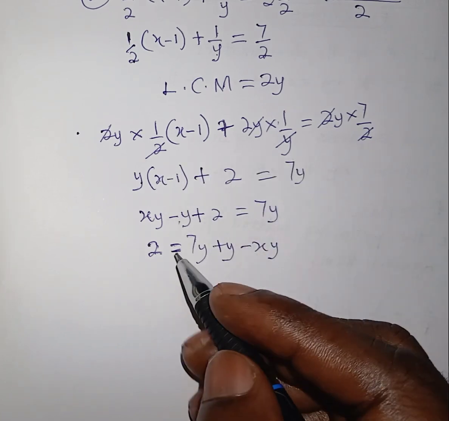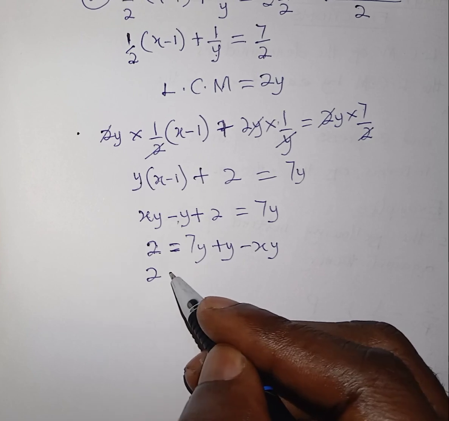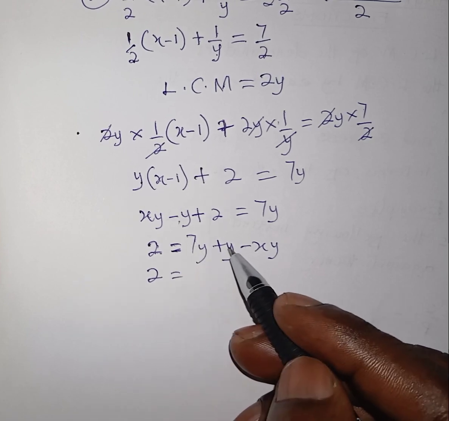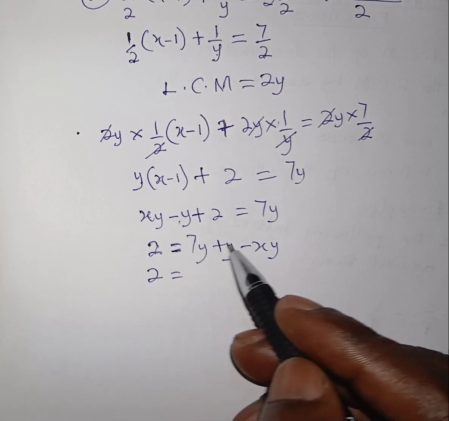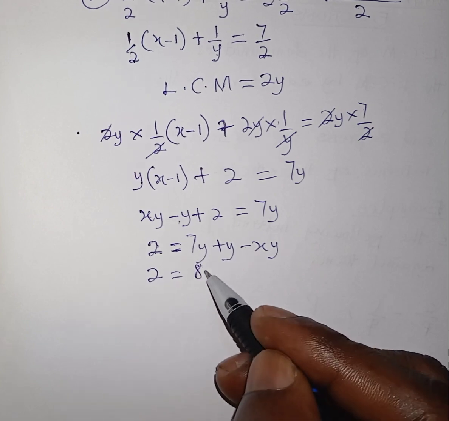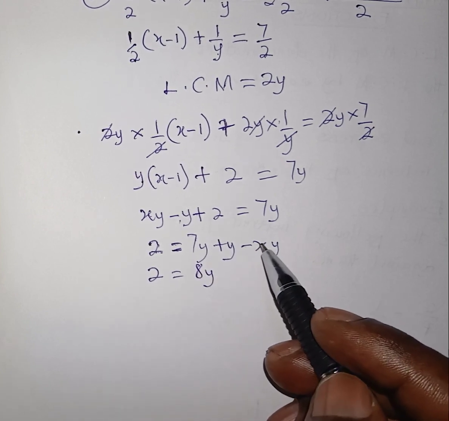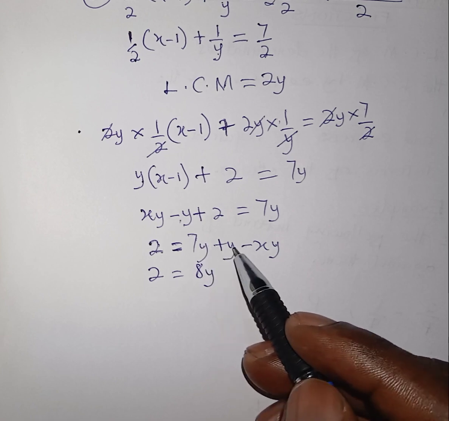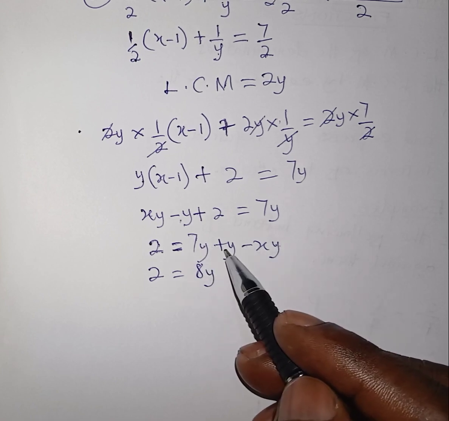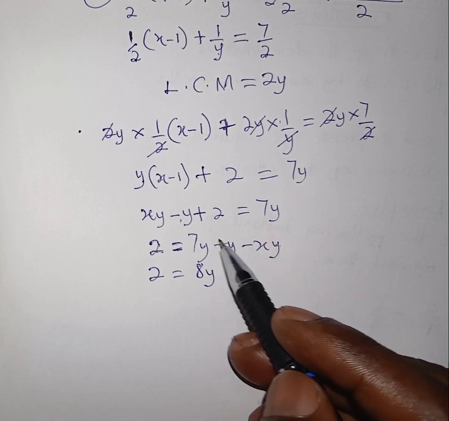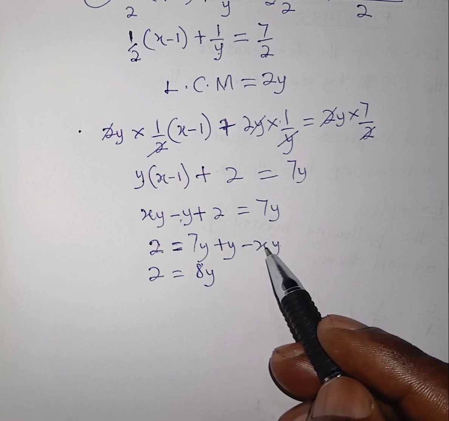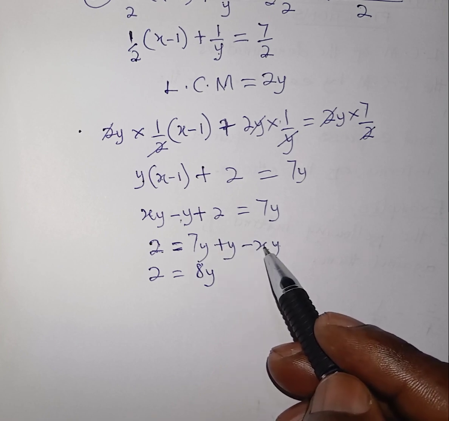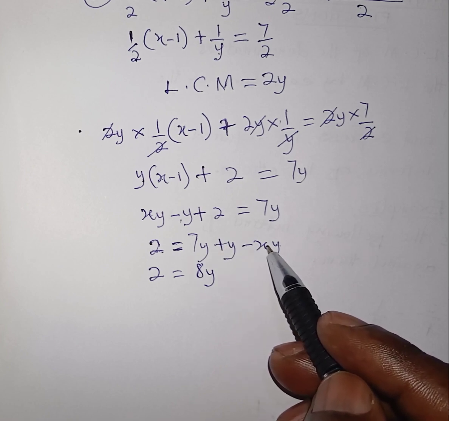Okay, good. So once we have this, then you realize that 7y and y are alike, so I can add them to get 8y. Please remember not to add this one as well, because you may think we have y here, y here, y here, so they are common. No, this one is different from this. You see that there is x here, an unknown variable here, which makes it what?